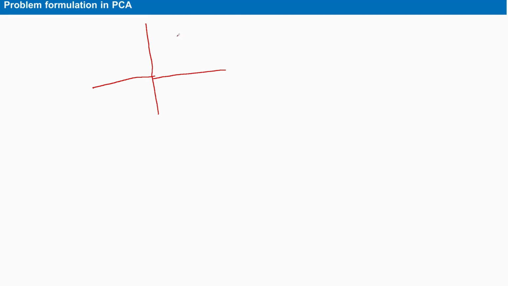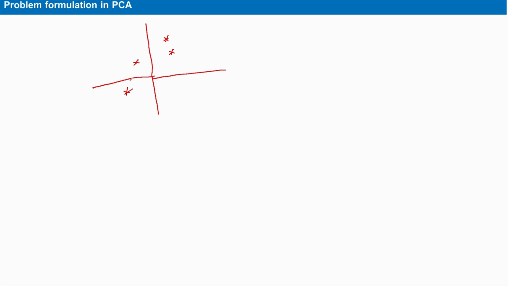Suppose in this particular 2D data set you have data points like here, or like here, some data points are here.